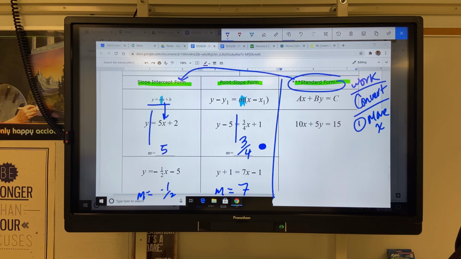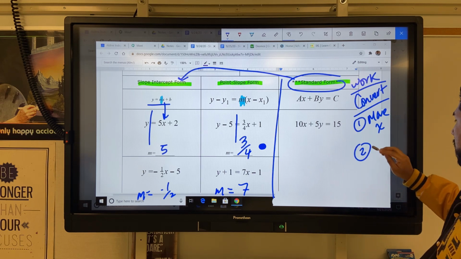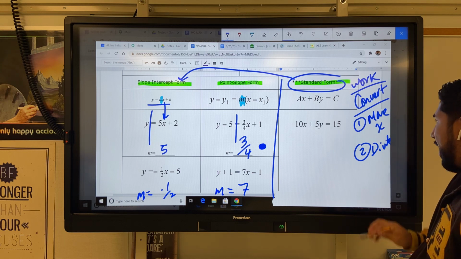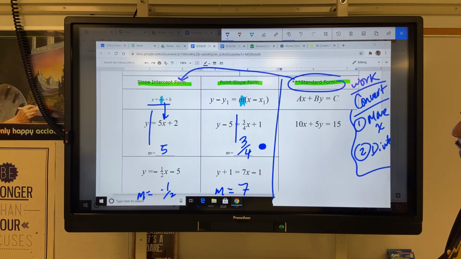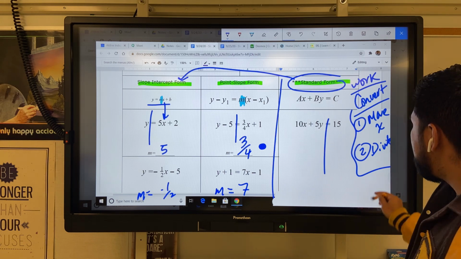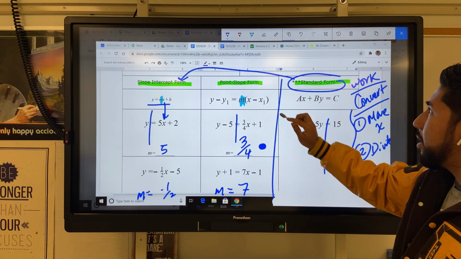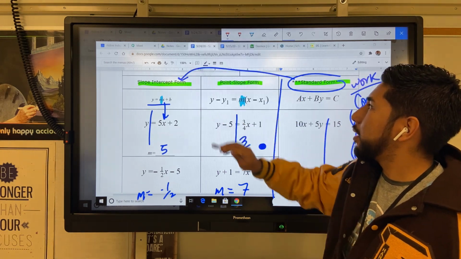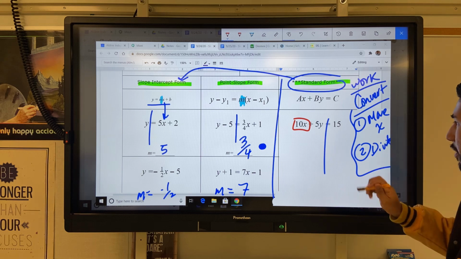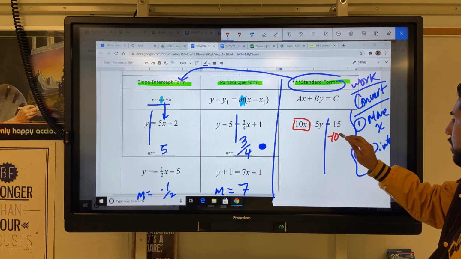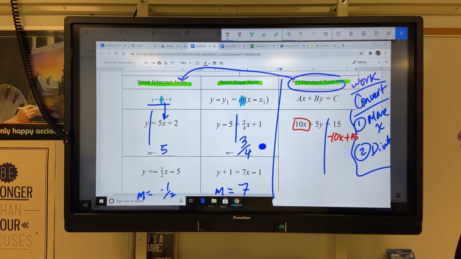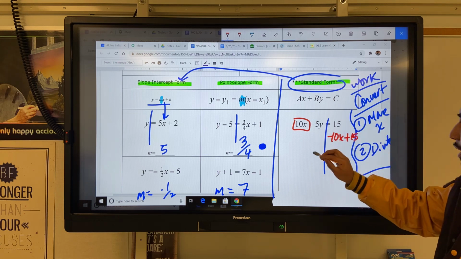Move x. And then step 2, divide. It's only 2 steps. It's that straightforward, I promise. I need to move this x. Let me do it in red. Moving this x to the other side, we should already know that once we move it over, it turns into a negative 10x. Bring down this positive 15. Bring down the 5y.